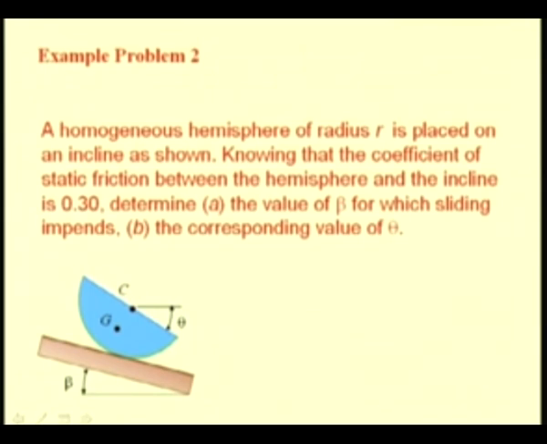That means, the diametrical plane makes an angle theta with respect to the horizontal plane. The coefficient of friction is given, the radius of the sphere is given. We are interested for the condition when this hemisphere starts to slide or impends to slide, what is the corresponding angles, that is beta and theta.